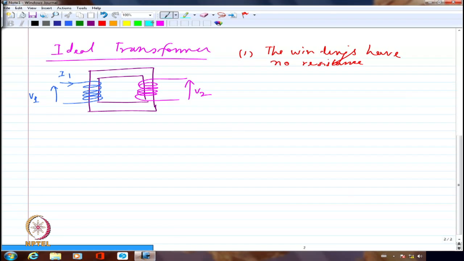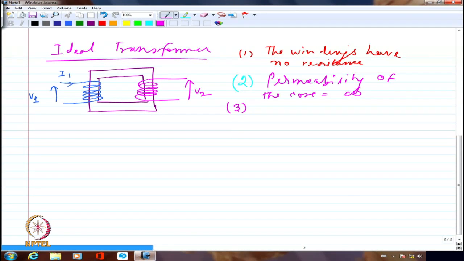The second assumption that I am going to make is that if I want to establish a flux in the transformer, I will require literally 0 current if the permeability is infinity. So I am going to assume that the permeability of the core is infinity. Right?